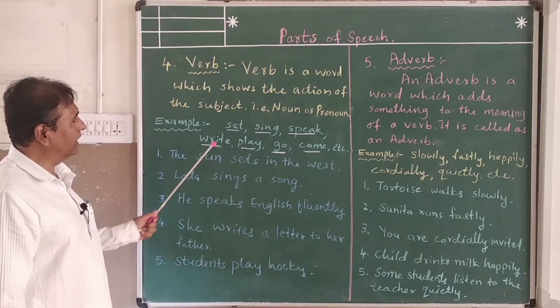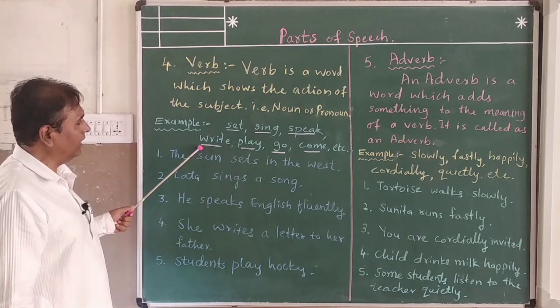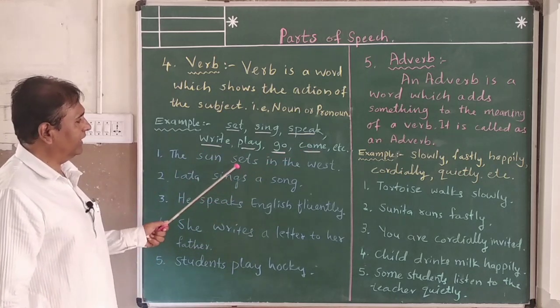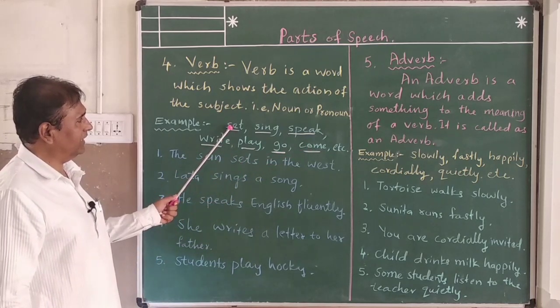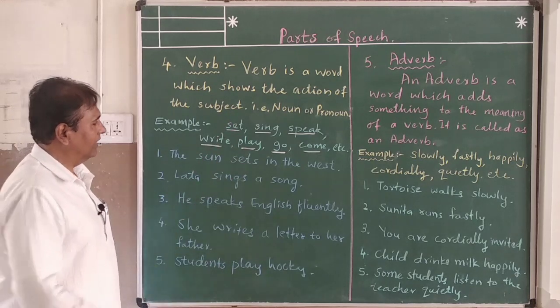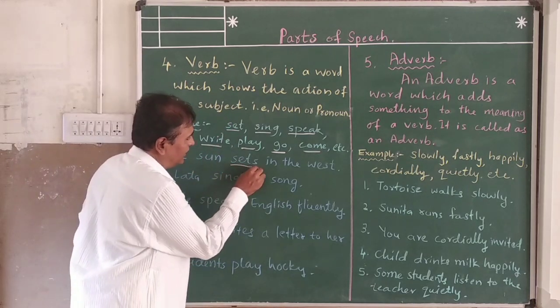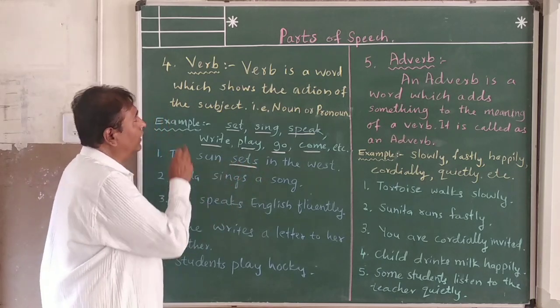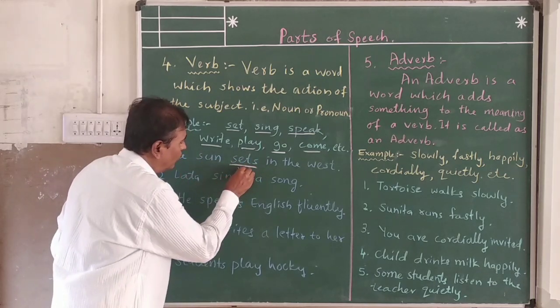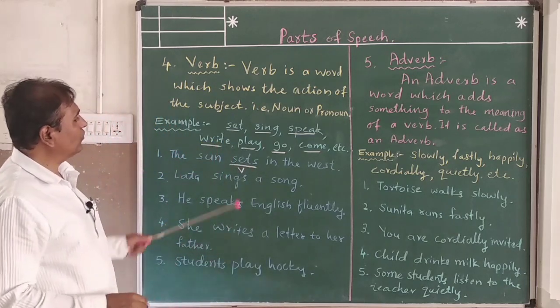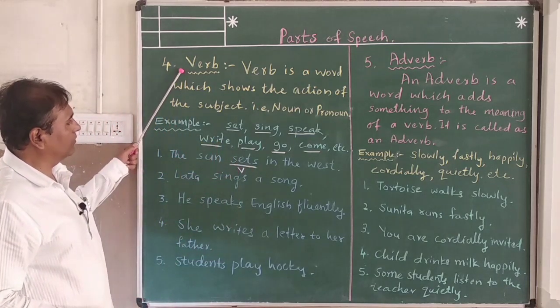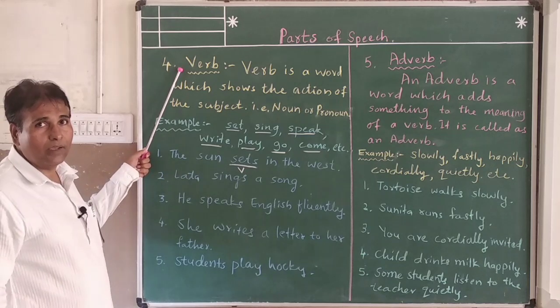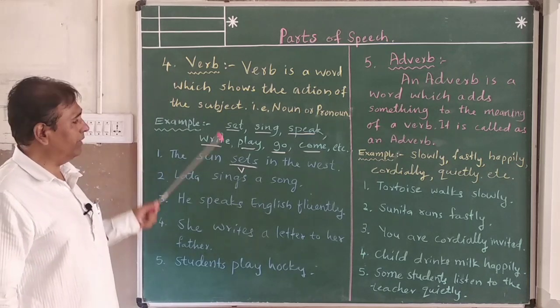See, here is the word as I have given in the example. Where is the word in the sentence? Set. Set is the verb. After underlining this, we have to write V. V means verb. For your kind information, you have to remember this.